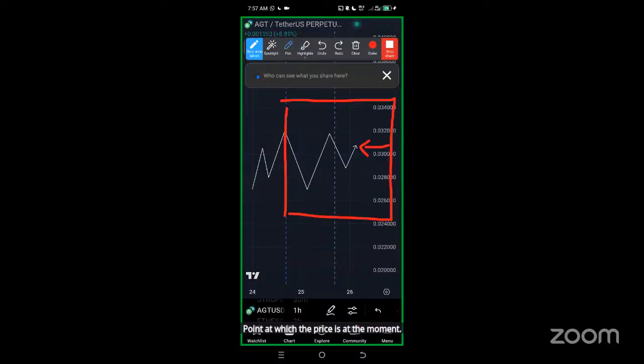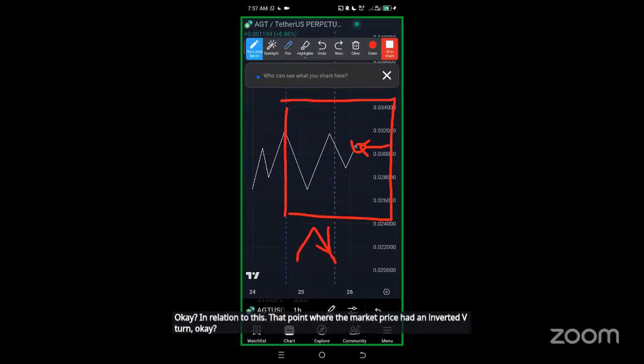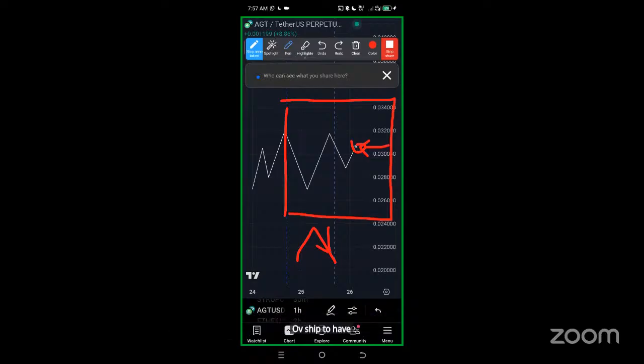Three, locate your first inverted V point, that peak, or what we'll simply refer to as the most recent swing high, in relation to this. That point where the market price had an inverted V turn, going from an upward movement to a downward movement.